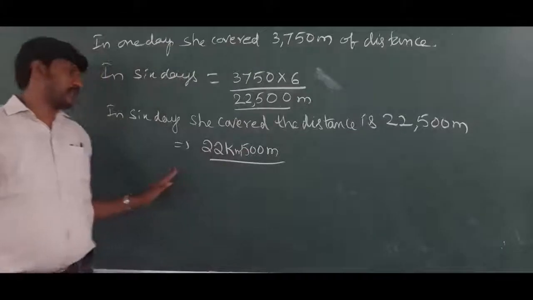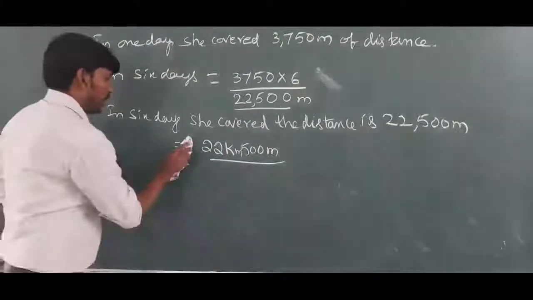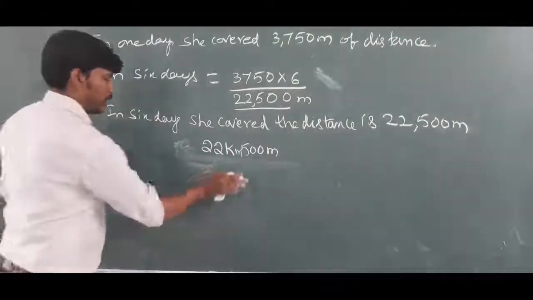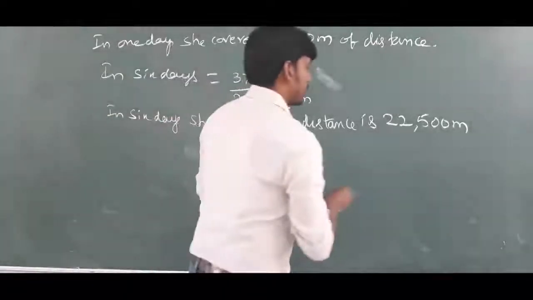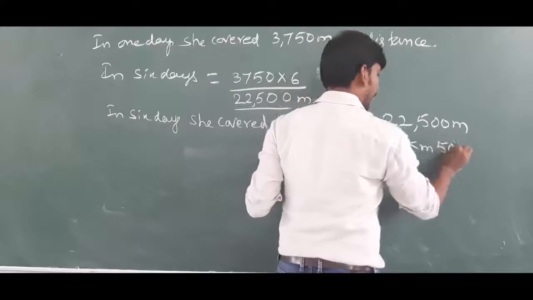Okay, the total distance. So therefore, write here 22 kilometers 500 meters.